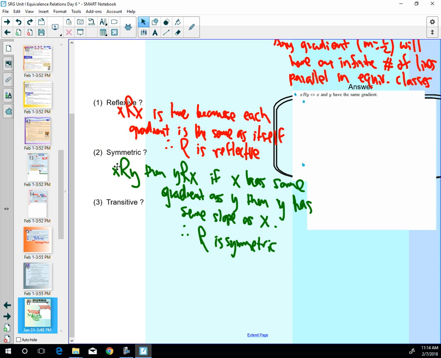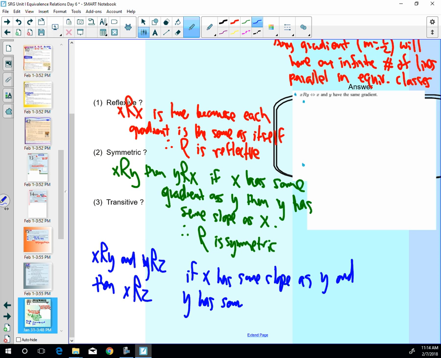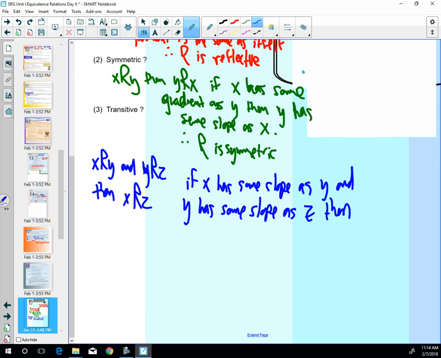Oh, let's go for the last one. We have X R Y and Y R Z, then X R what? Z. So if X has the same slope as Y, and Y has the same slope as Z, then what has to be true? You got it.